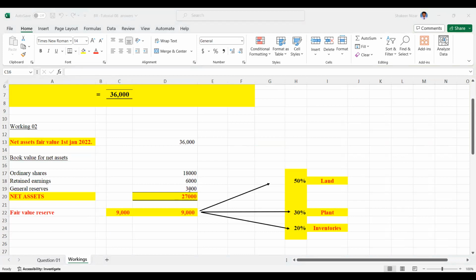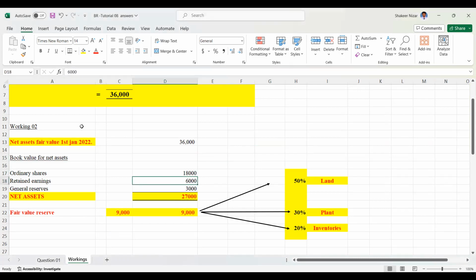So from the B column, the equity is 18,000. It is mentioned that for the year there is 3,000 worth of profit, but as at the reporting date, per the SOFP or statement of financial position, retained earnings are 9,000.